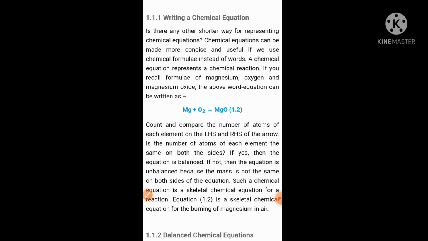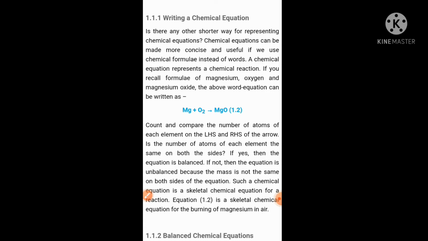Mass can neither be created nor destroyed in a chemical reaction. That is, the total mass of elements present in the product of a chemical reaction has to be equal to the total mass of elements present on the reactant side.